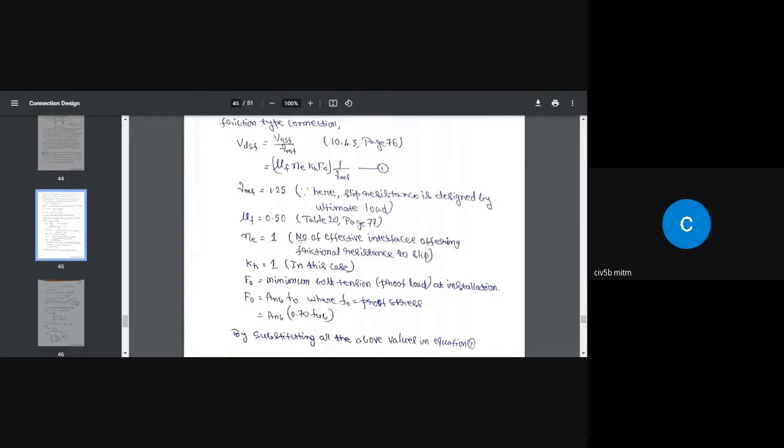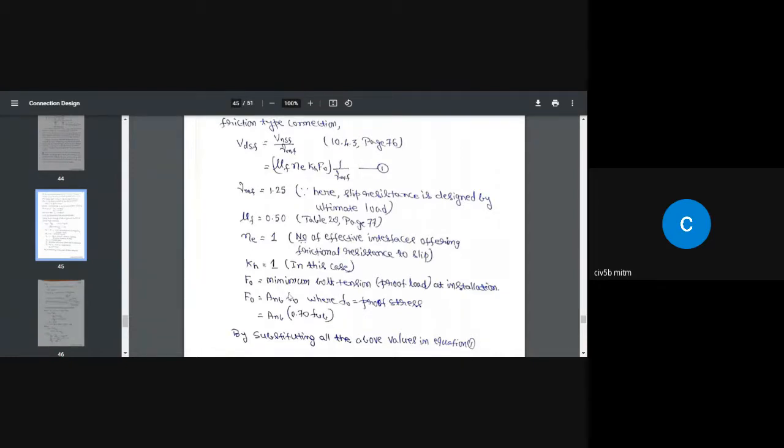So go again to page number 76, second column. Go down to where the explanation is given for each of the terms: mu F, Ne, KH, gamma MF, FO, AnB. Small FO is equal to proof stress, which is 0.70 FUB.